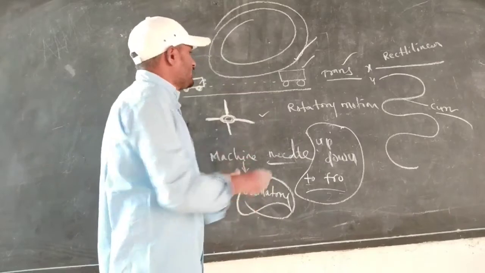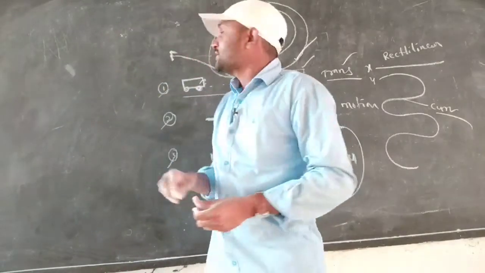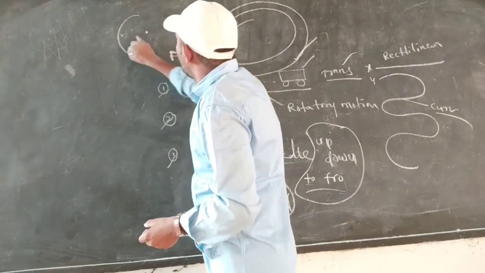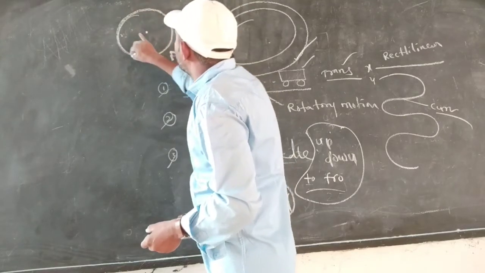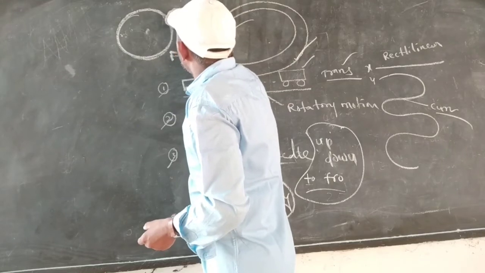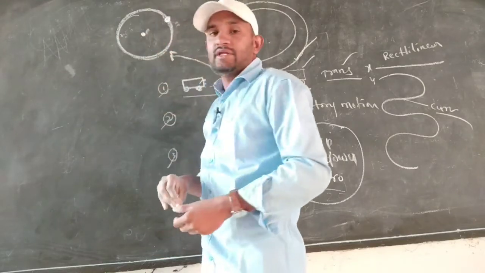Here one more concept about rotatory motion we have to discuss. Suppose one object is moving around like this, rotating around a center point.